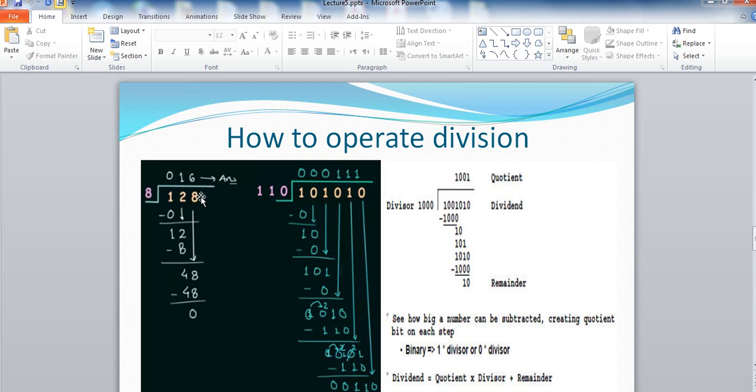Then we bring down the other digit, which is 8. 48 divided by 8 is 6, so we put 6 in the quotient. 6 times 8 is 48, and the remainder is 0. That's a normal decimal division.